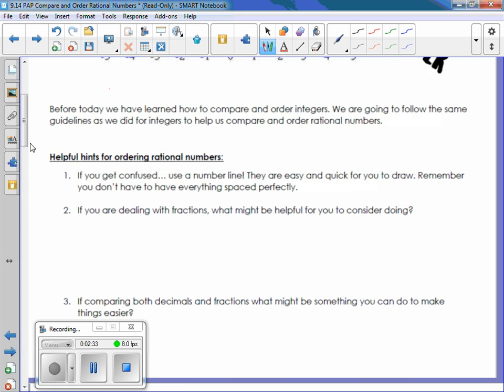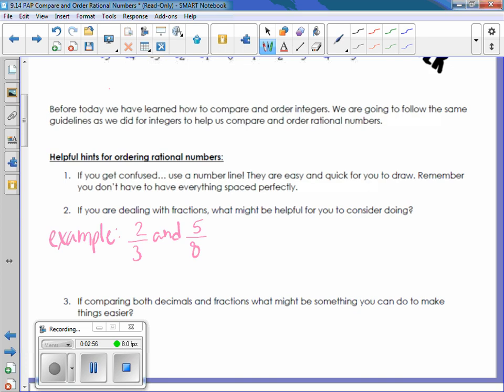Now, if we're dealing with fractions, what might be a helpful way to consider doing this? I'm going to give an example, and then I want you guys to help me. My example, let's just say that we're going to be comparing 2/3 and 5/8.